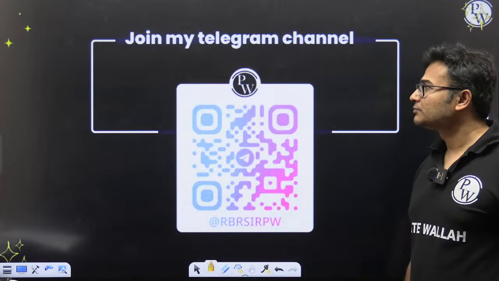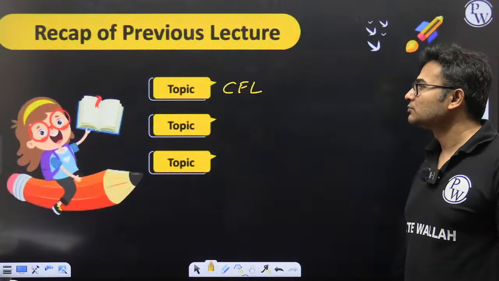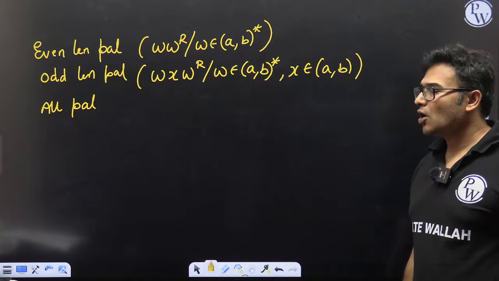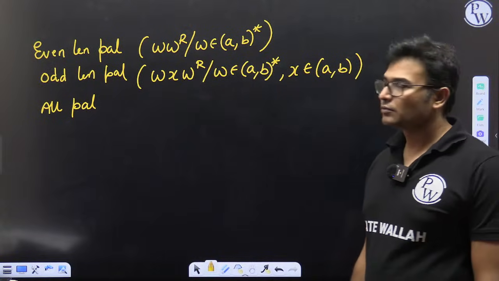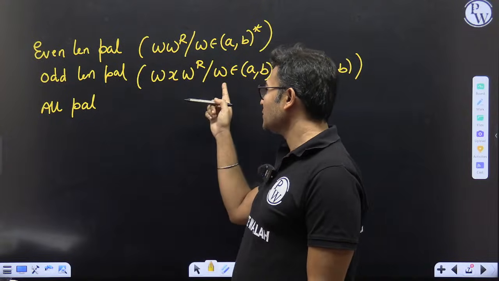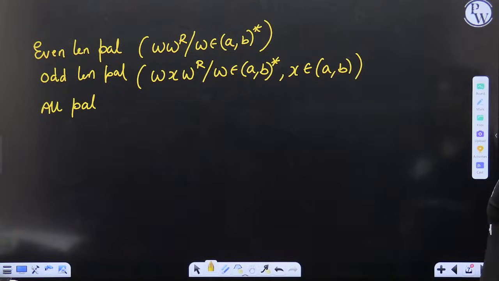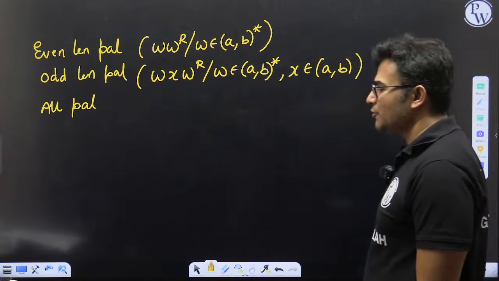So how do you write all palindromes? Even length w w power r, odd length w x w power r, such that w belongs to {a, b} star, x belongs to {a, b}.